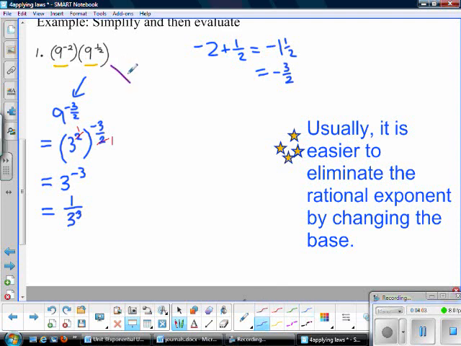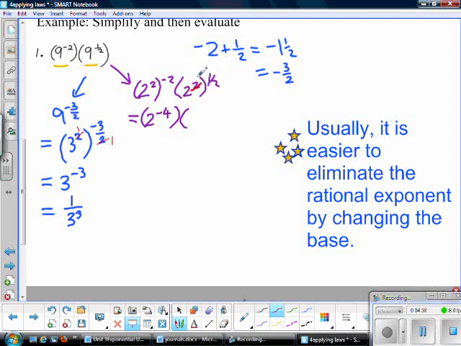So another thing that I could do is change both bases of 9 to 2 squared right off the bat. 2 squared, and that's to the power of -2. And I could change 9 to 2 squared to the power of 1/2. And then if I use power to power laws, I end up with 2 to the -4, and it is being multiplied by, notice what happens to this here.